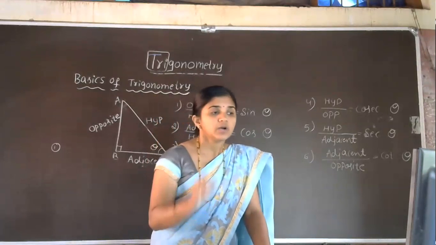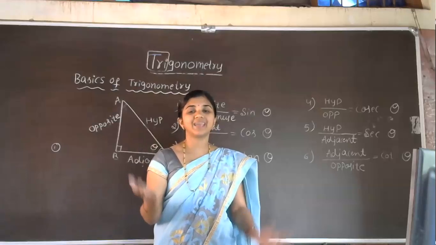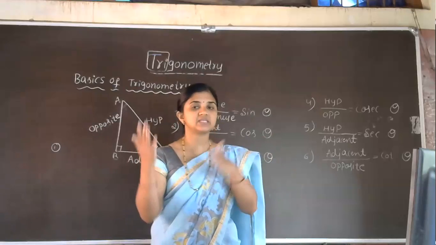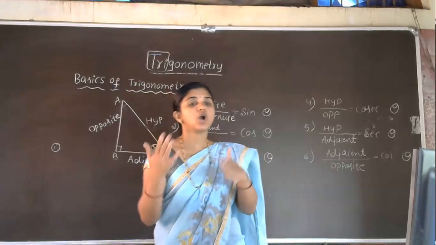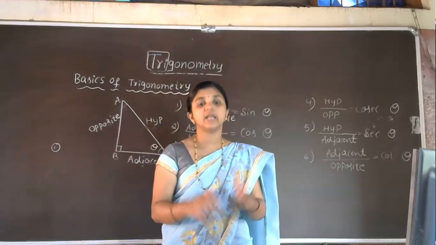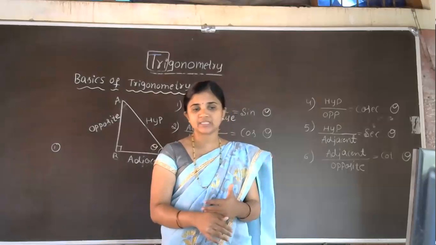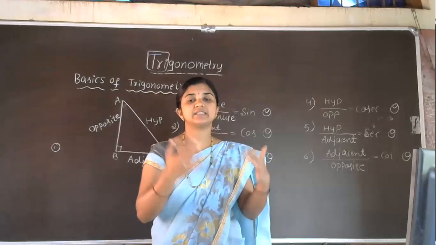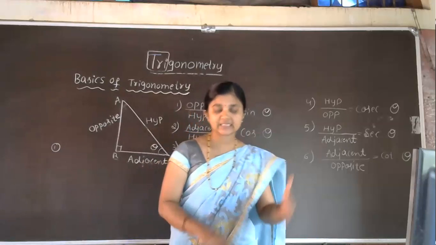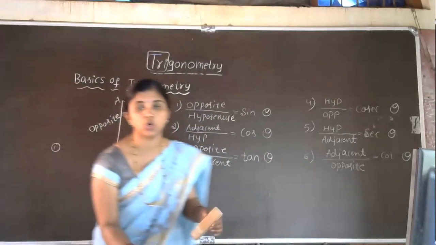Okay, so you have to learn these ratios with their short forms. Sine in the sense opposite by hypotenuse. Cos, adjacent by hypotenuse. Tan, opposite by adjacent. Cosec, hypotenuse by opposite. Then sec, hypotenuse by adjacent. Then cot, adjacent by opposite. These are the basic 6 trigonometric ratios.